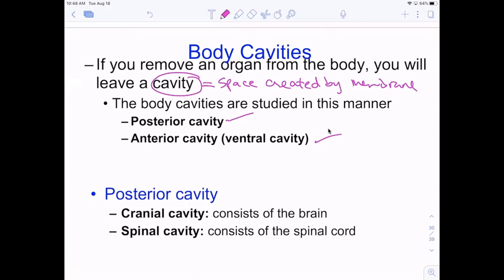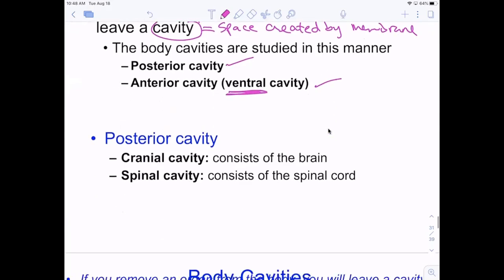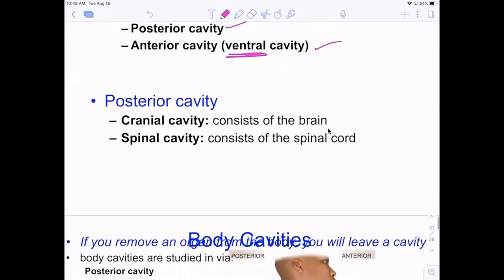So we call them the posterior cavity, and instead of anterior cavity, it's been historically referred to as the ventral body cavity. So the posterior cavity we don't talk about a lot. That's the cranial cavity and the spinal cavity. So basically the cranium are bones that surround the brain.